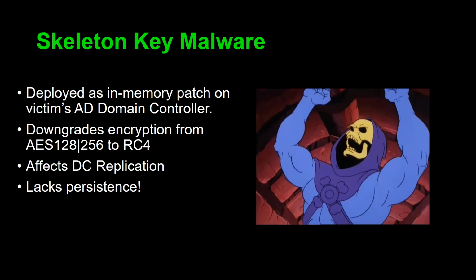Another indicator is the degradation of the functional level in Active Directory. Well, what does that mean? Well, it's the level of encryption. In more recent versions of Active Directory, the functional level of encryption is set to AES 128 or 256, one of them. It's AES. Anyway, in the process of a skeleton key attack, the functional level of Active Directory is degraded.